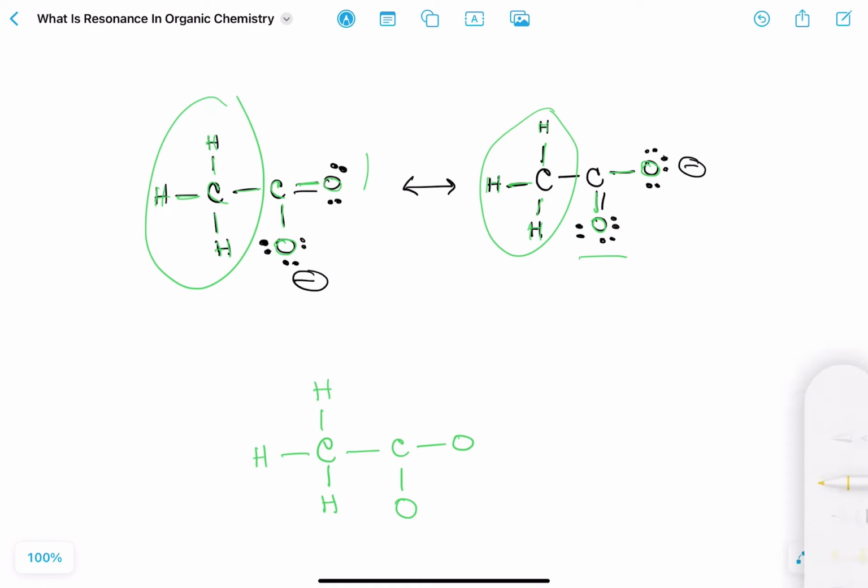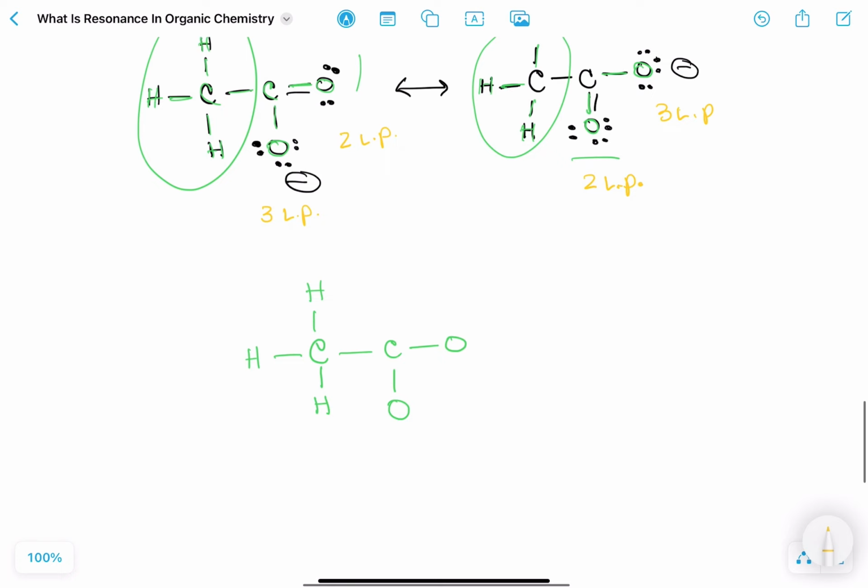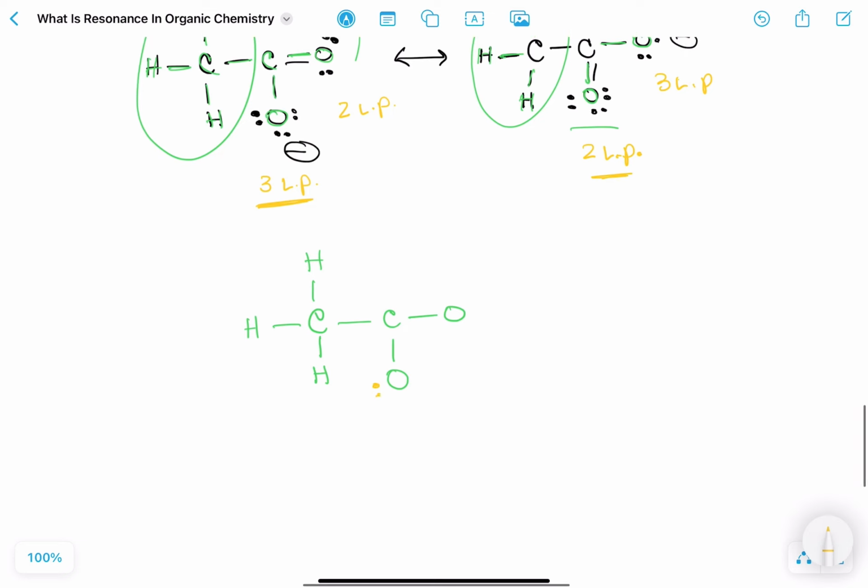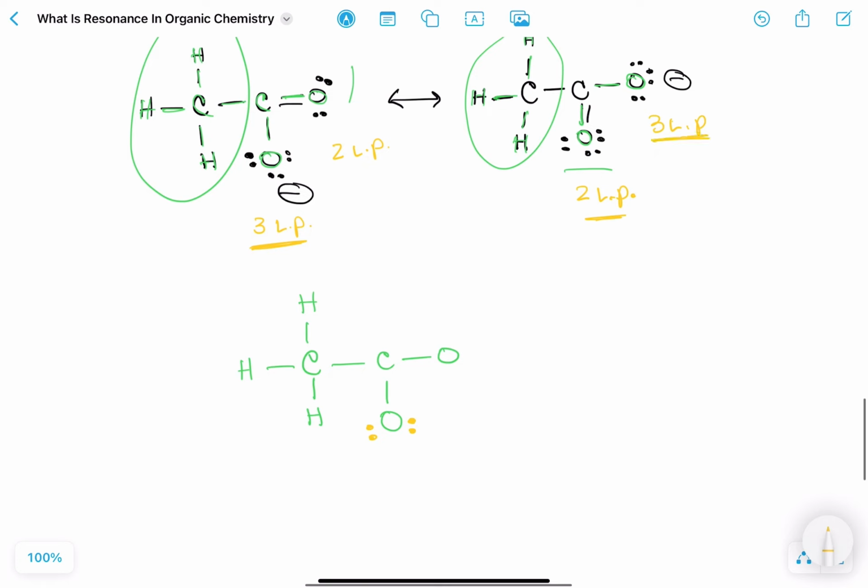Now, let's take a look at what lone pairs are present in this molecule. I'll change the color to yellow. Here we have 2 lone pairs. And here we have 3 lone pairs. Here we have 3 lone pairs. Here we have 2 lone pairs. So we need what's universal to every atom. Even though we have 3 here, in this structure we only have 2, so we would only be able to copy 2 over.